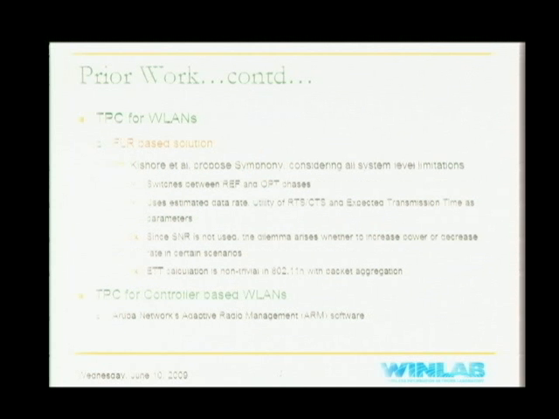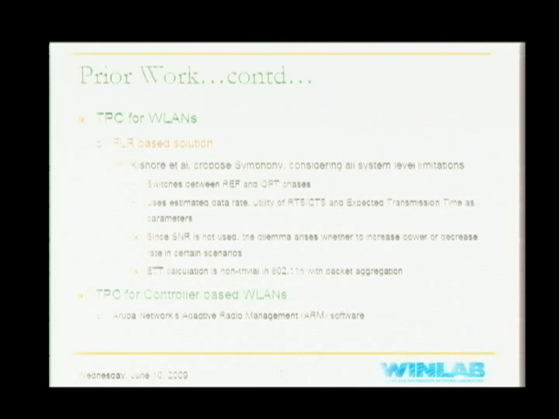Finally, to take a look at the FLR-based solutions, the solution proposed by Kishore called Symphony uses a number of parameters to identify hidden terminal problems, exposed node problems, and so on. They use a parameter called utility of RTS/CTS to diagnose the hidden terminal problem, and they use expected transmission time to diagnose asymmetric channel access problem.